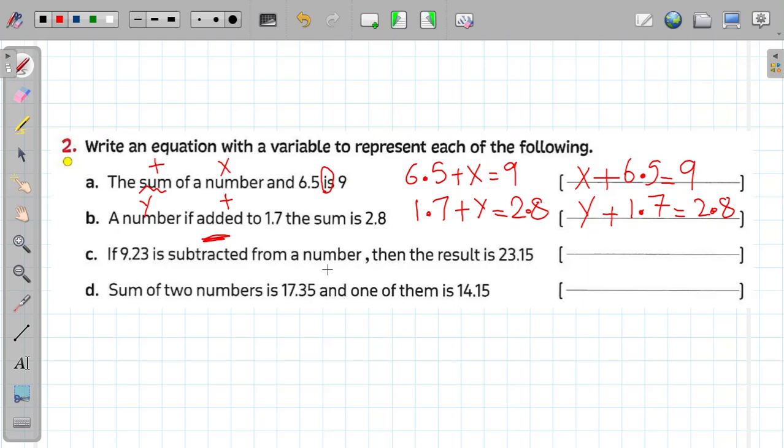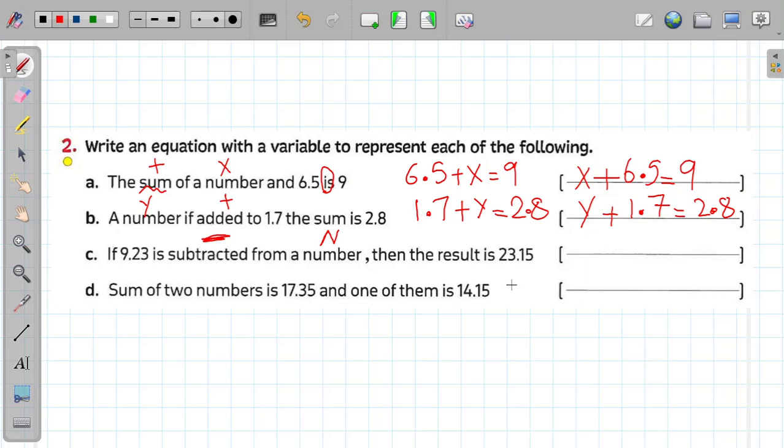Listen to me carefully. I don't know the number, so I will use any variable, like I will use n now. So this number, if I subtract from it 9.23, the result will be 23.15.